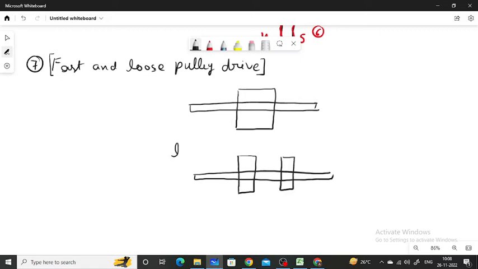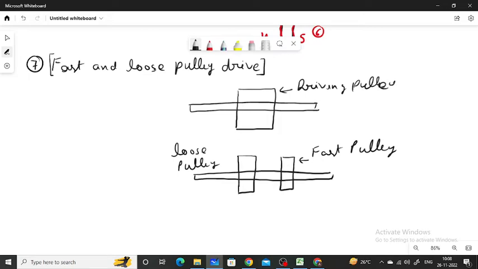First pulley is known as loose pulley, and second pulley is known as fast pulley. This is the driving pulley. This is the line shaft, and this is the machine shaft. Now these are the belt drives.